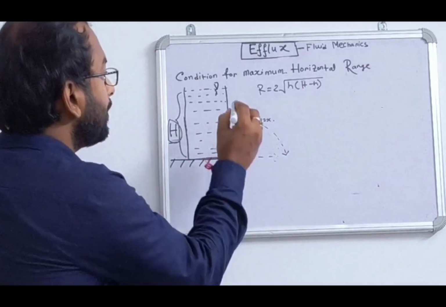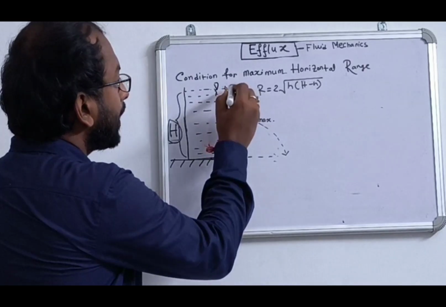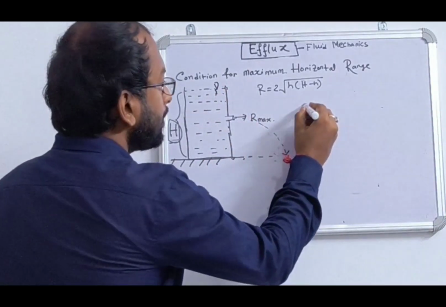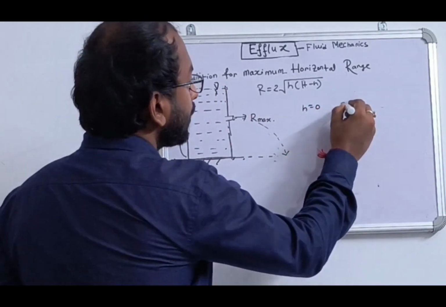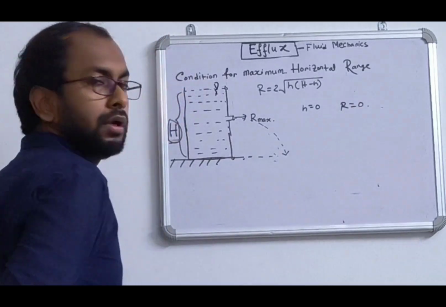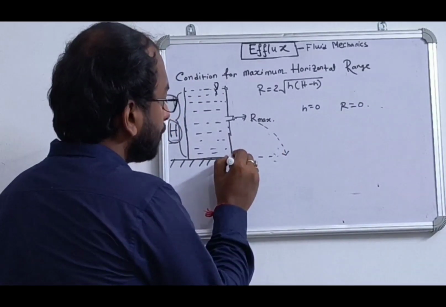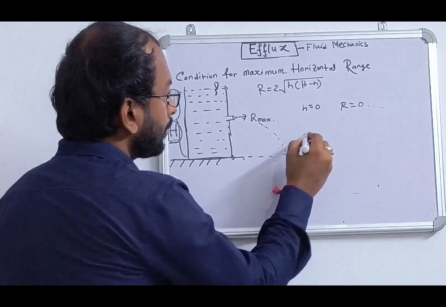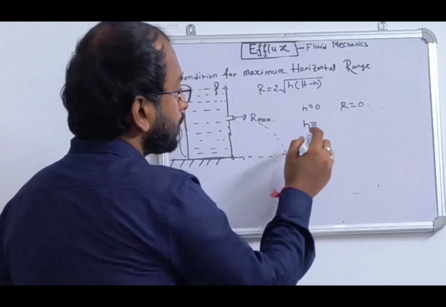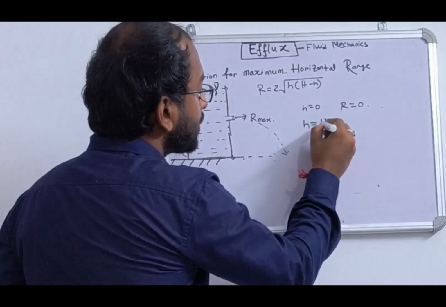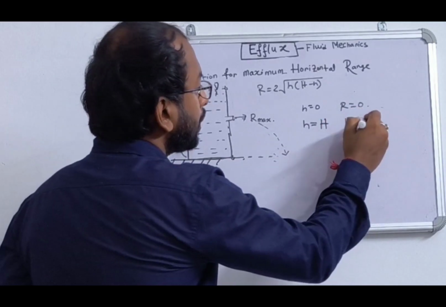Now see, if I make a hole at depth 0, that means h equal to 0, we get range equal to 0. Again, if I make a hole just at the bottom, so that the depth of the hole is capital H, then also I get range equal to 0.